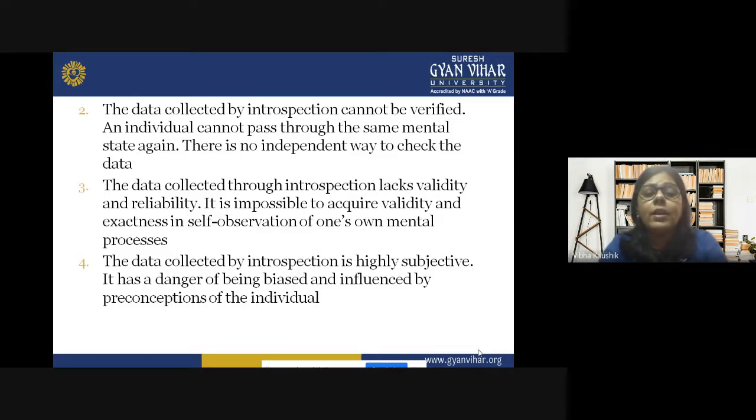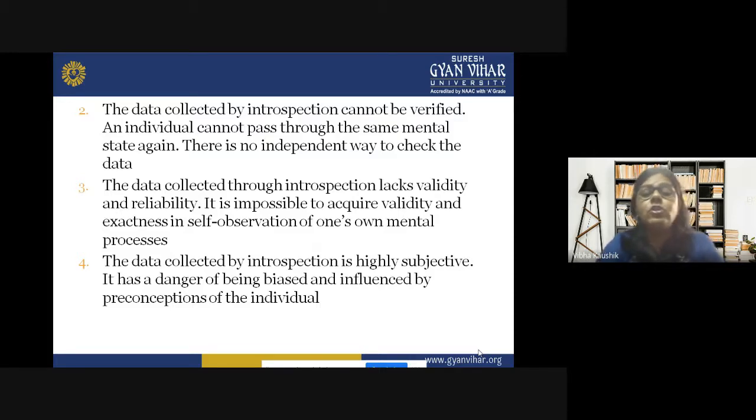The data collected by introspection is highly subjective. It is not objective data. We ourselves are collecting that data, and we are not objective in collecting it.